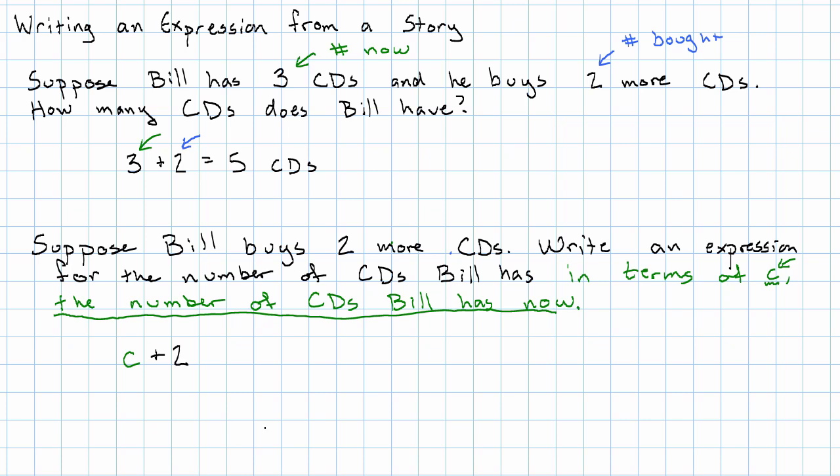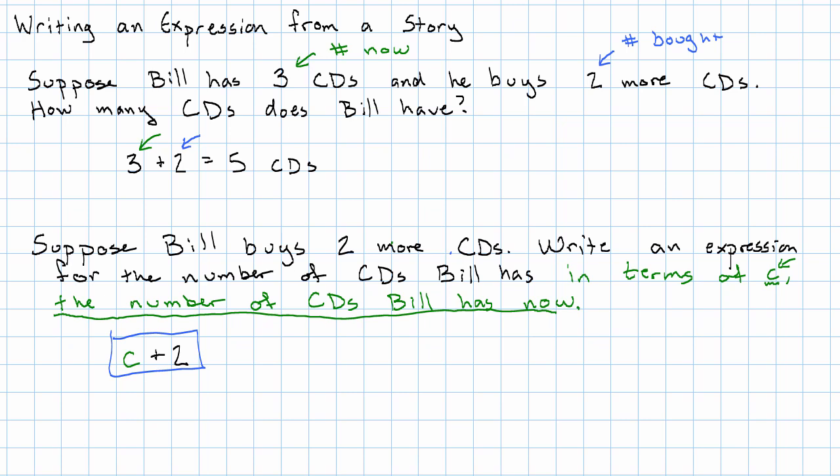And of course, we can't evaluate that until we find out what the value of C actually is. So we have to just leave our answer as the variable expression C plus 2.